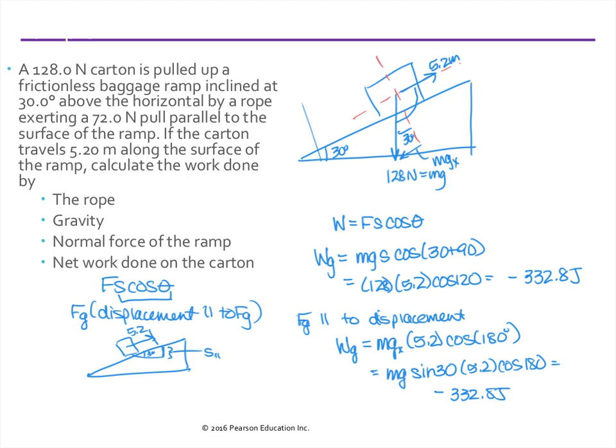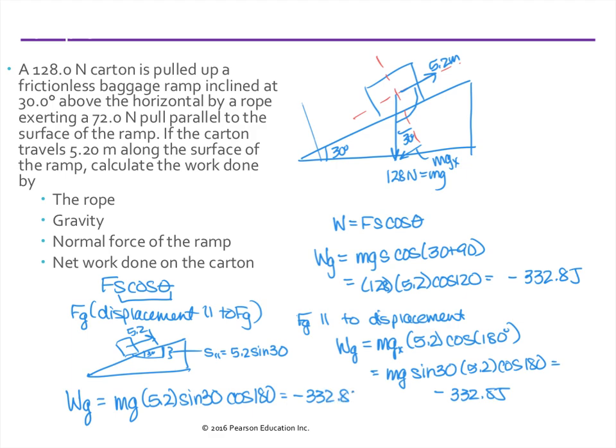That's the displacement that's parallel to the force of gravity, which is vertical, and this would be given by 5.2 times the sine of 30. So if we found the work done by gravity doing that, we would get mg times 5.2 times the sine of 30. And because they're opposite, because the force of gravity acts down but the box moves up, we have that 180. And again, it's going to be minus 332.8.